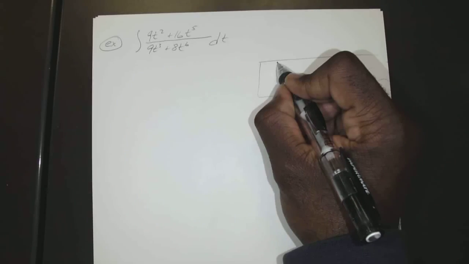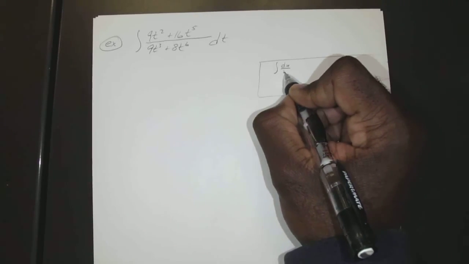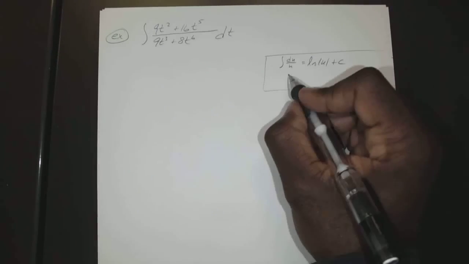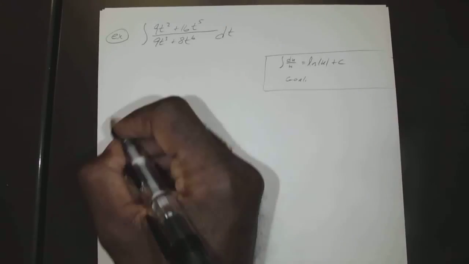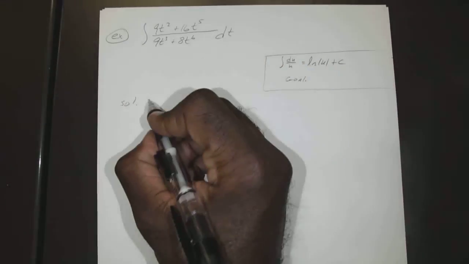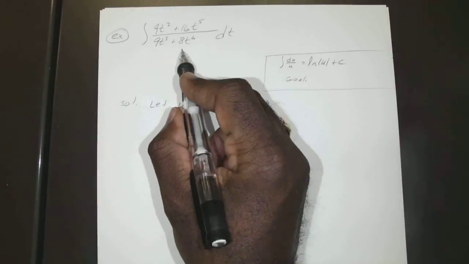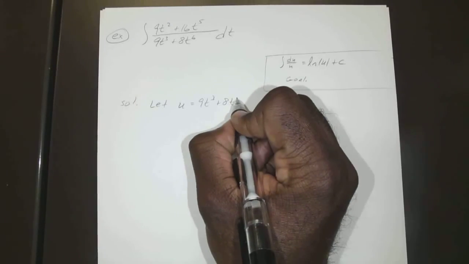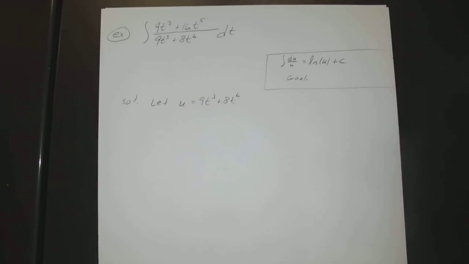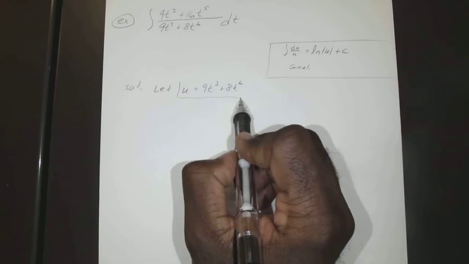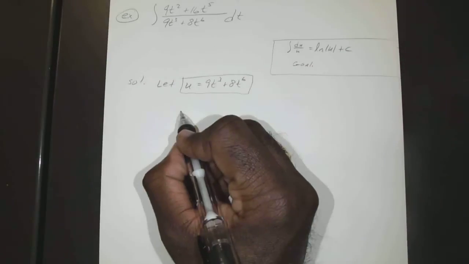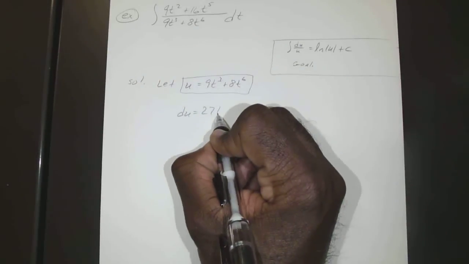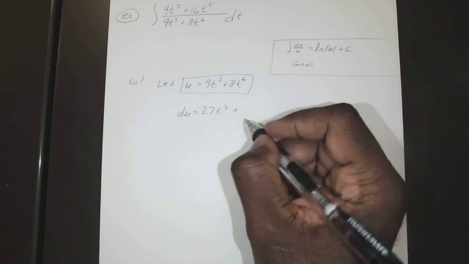Because remember, we want to have the integral of du over u, so the natural log of u plus c. That's our goal. Okay. So if we let u equal our denominator, 9t to the third plus 8t to the sixth, then our du, go ahead and square it, is going to equal 27t squared plus 48t to the fifth.